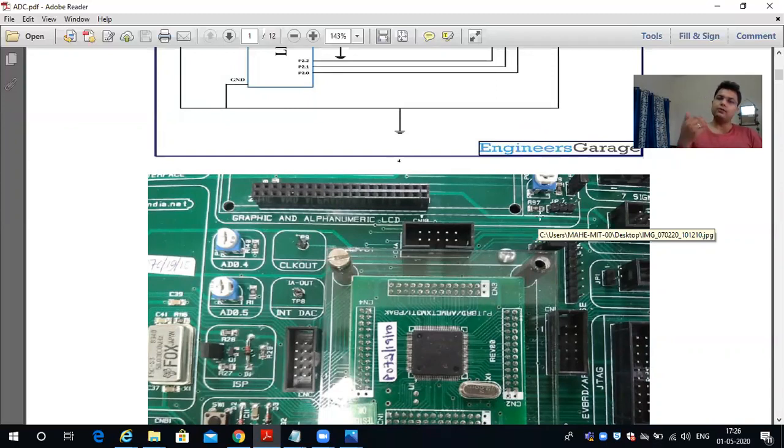But if we have to interface our controller with something which will produce analog output, in this situation we do require an ADC in between, which will convert the analog signal to a digital signal, which later on can be fed into the microcontroller for further processing.